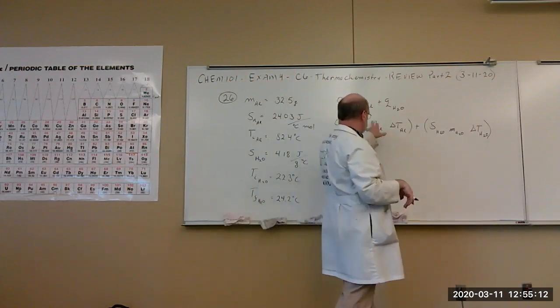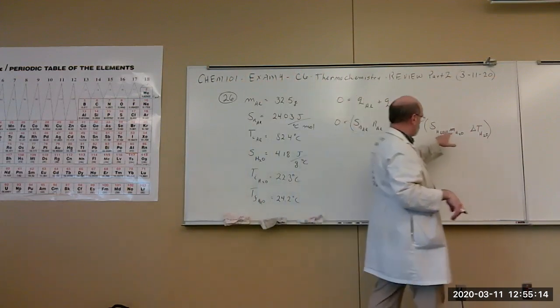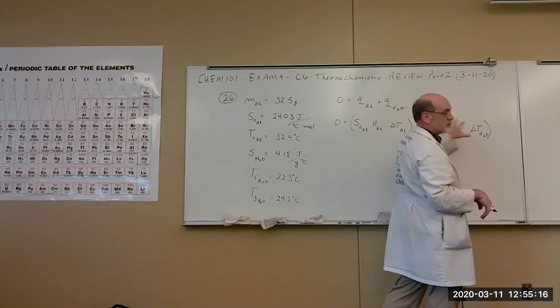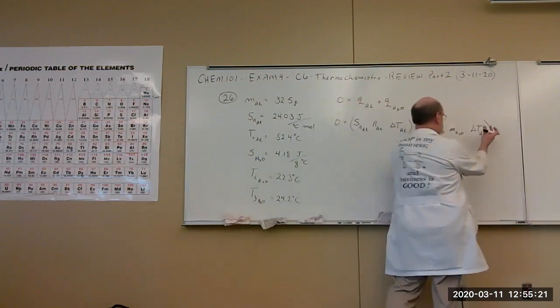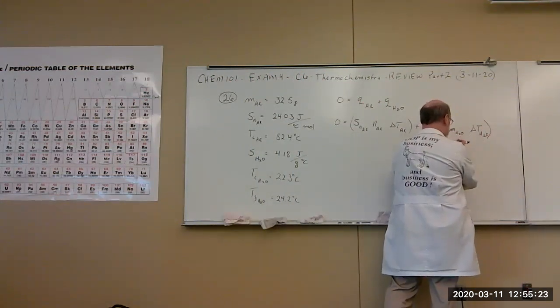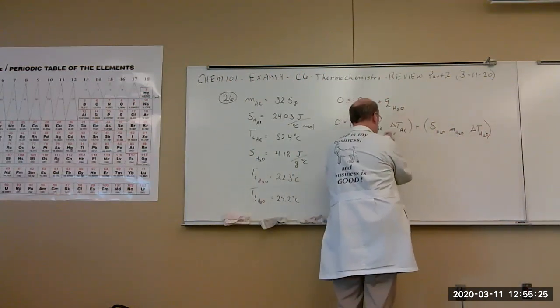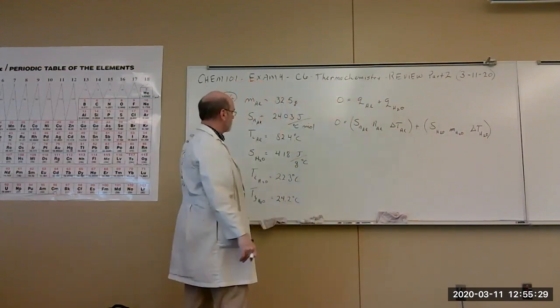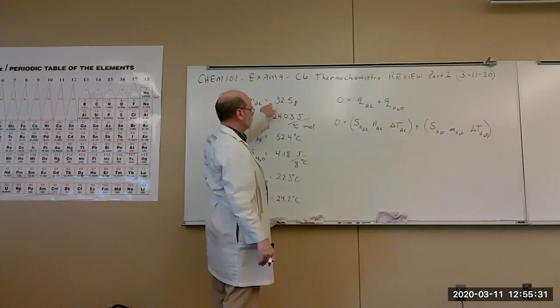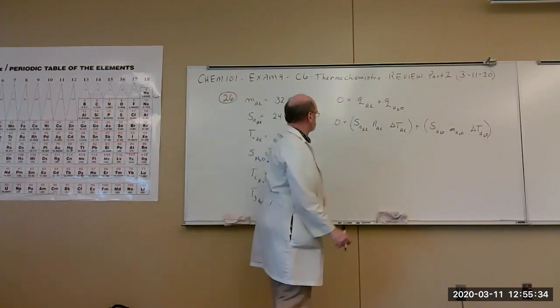This one for aluminum is in terms of moles, and this one for water is in terms of mass. It really doesn't matter, because this reduces to joules, this one reduces to joules. You end up with joules in both cases. But first, we need moles of aluminum for this one to work.